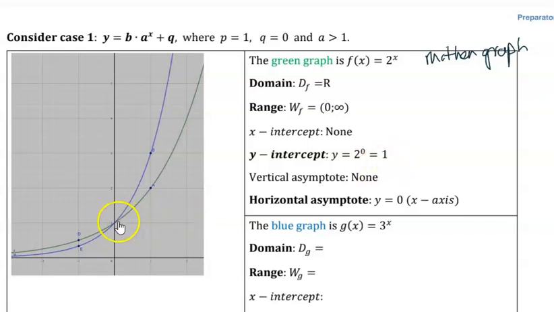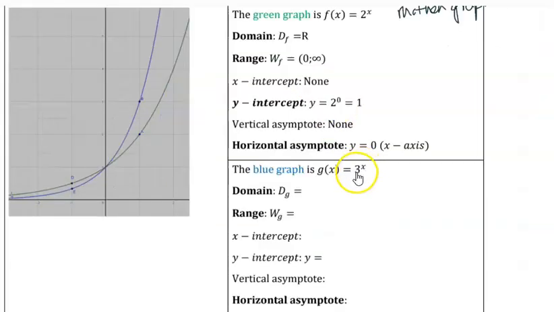You see, it cuts the y-axis at the point 1, and that is our y-intercept, and the x-axis here, that is our horizontal asymptote. And although this graph goes up, we never have a vertical asymptote for an exponential function. It just keeps on increasing up to infinity.